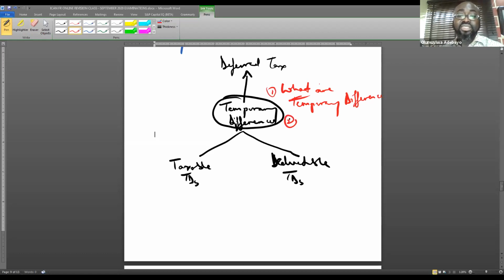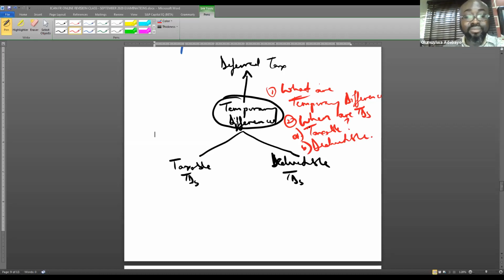The second question is this: I'm told that temporary differences can take a shape of taxable or deductible. The question then is, when are temporary differences A, taxable, and B, deductible?